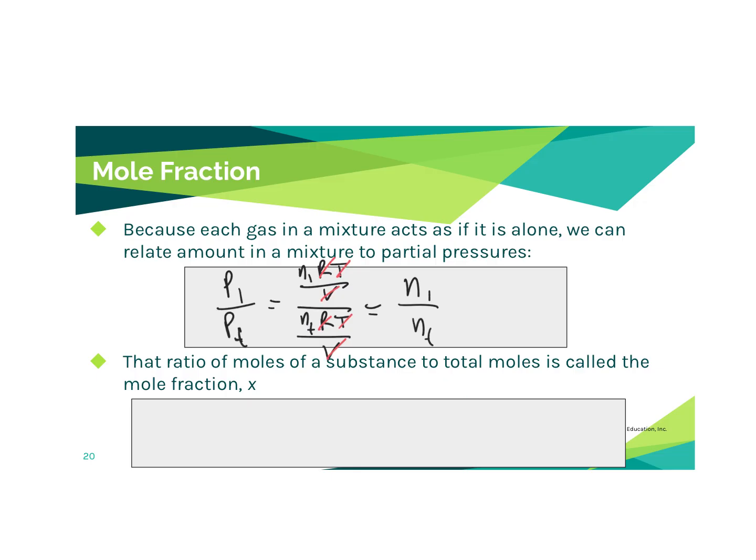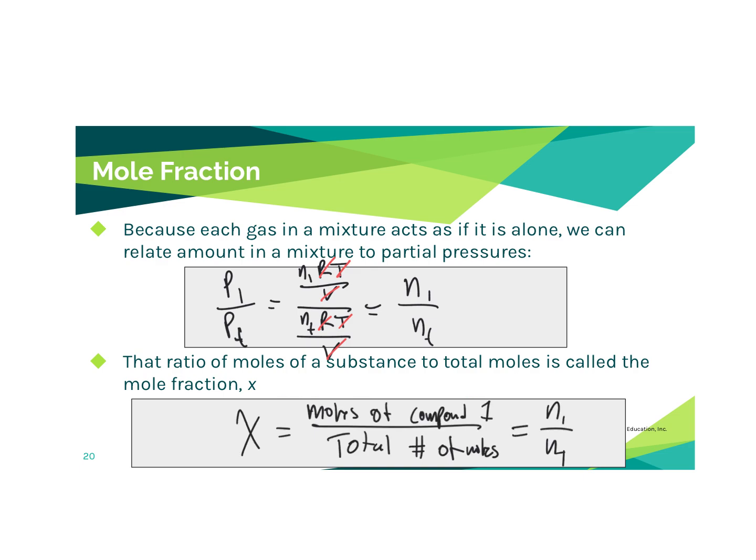And so you can also call the mole fraction chi or x. And so you have x is equal to moles of compound 1 over total number of moles, which is equal to N1 over NT.